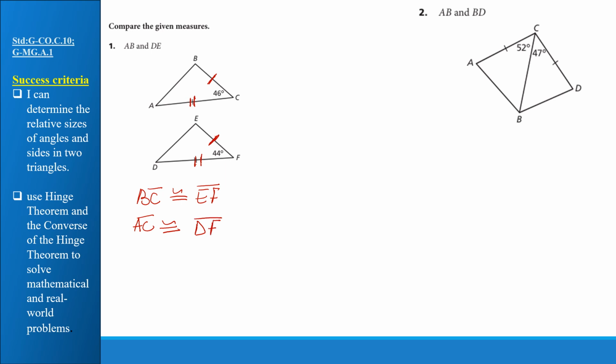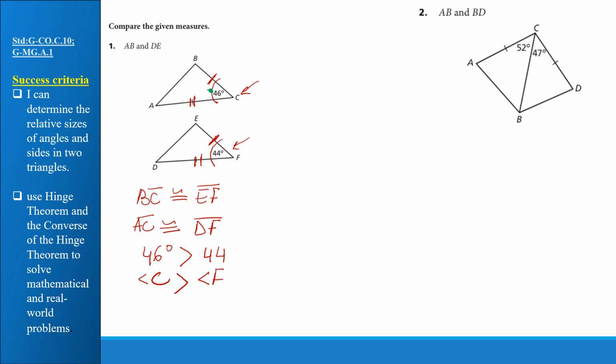Now what are the angles we have? We have the included angle 46 and the included angle 44. The name of the angle with 46 degrees is angle C, and for the 44 the name of the angle is F. So 46 is bigger than 44, so we can say that angle C is bigger than angle F. Now look at the sides which are opposite to these angles.